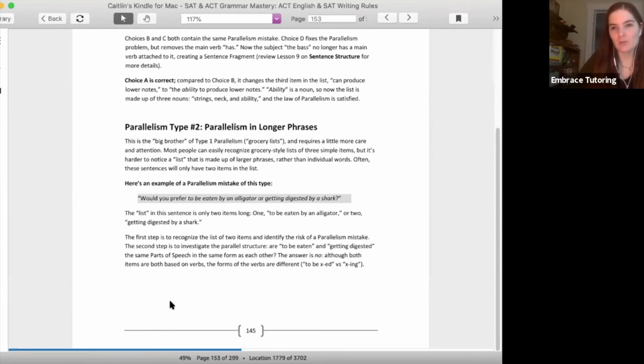The first thing in the list is to be eaten by an alligator, and the second is getting digested by a shark. You can tell immediately that they do not match, because one has an infinitive form of a verb with a past participle, and the other does not. So you need to make sure that your forms match.